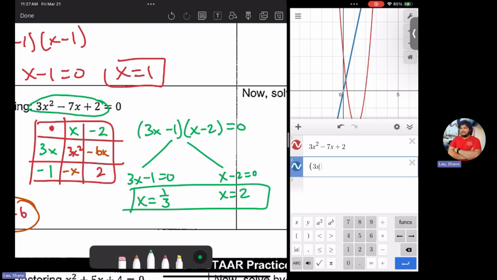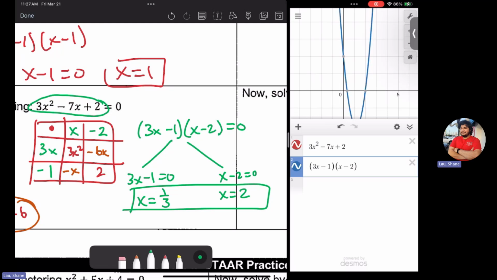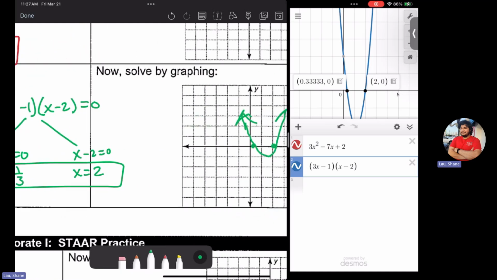So 3x minus 1, then x minus 2. They theoretically should be right on top of each other, and it does look like they are right on top of each other. That's how I know that they have been done correctly. And if I look at my graph, I get 0.333 repeating, and I get 2.0 or 2,0. That is the correct graph.